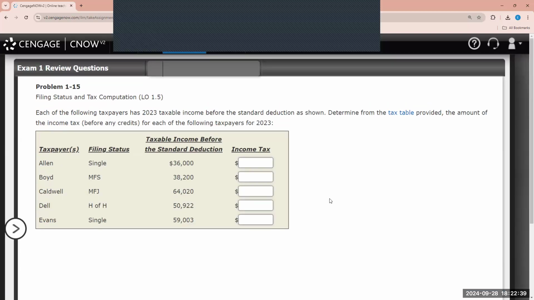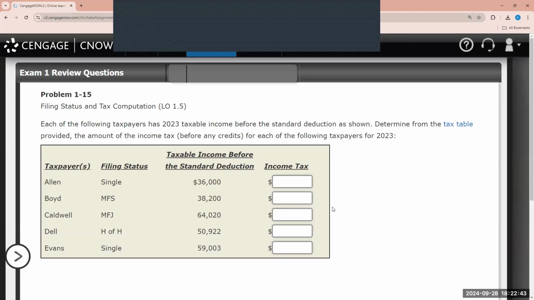And this problem asks us: each of the following taxpayers has 2023 taxable income before the standard deduction, as shown. Determine from the tax table provided the amount of the income tax before any credits for each of the taxpayers for 2023.